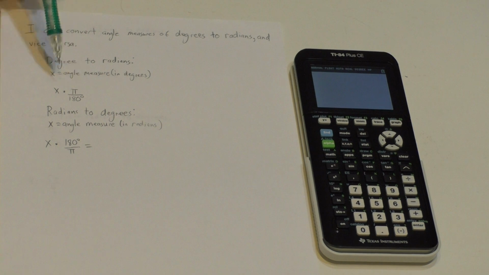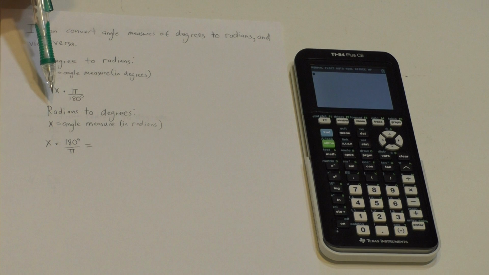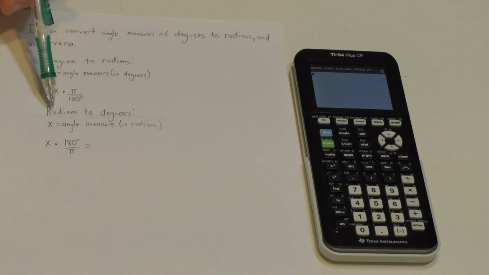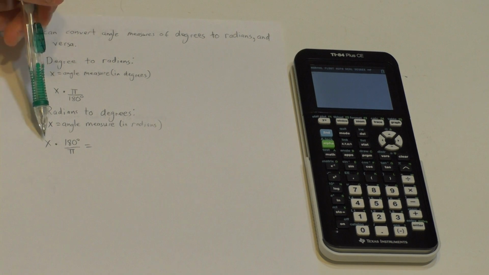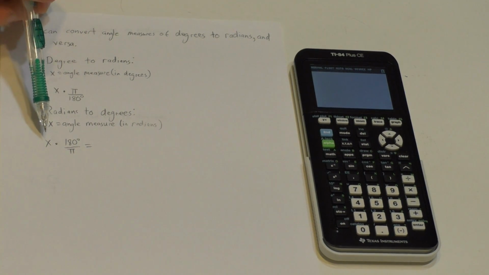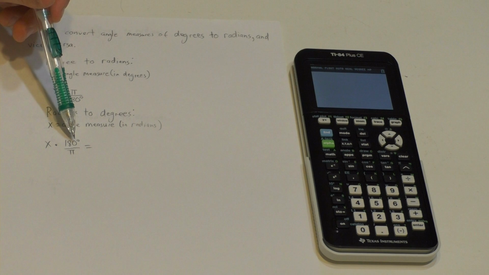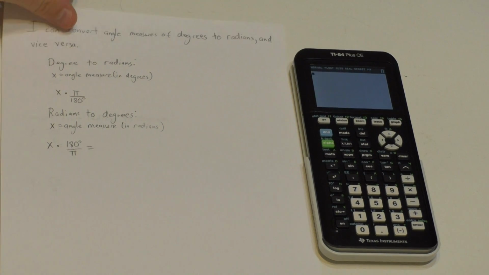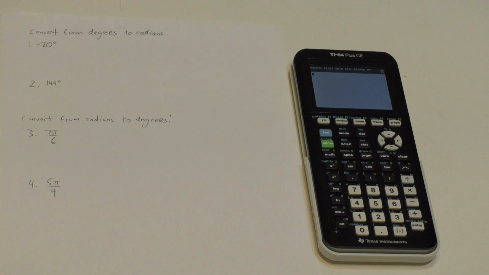And that will give you the radian measure of that angle. The reciprocal of this formula is what you use to go from radians to degrees. So if I have an angle measure in radians, I'm going to multiply it by 180 and divide out that pi, okay? So let me show you a few examples of how this works.